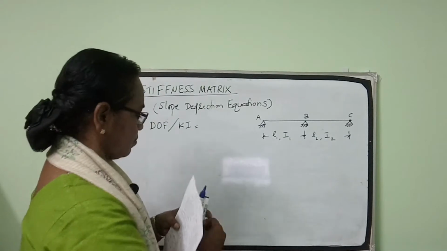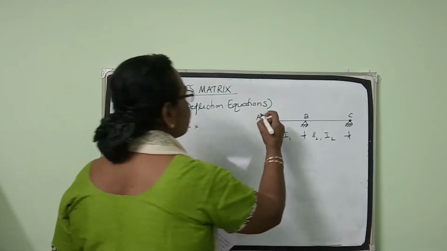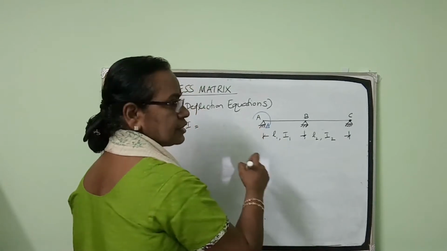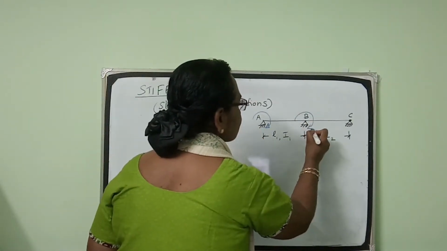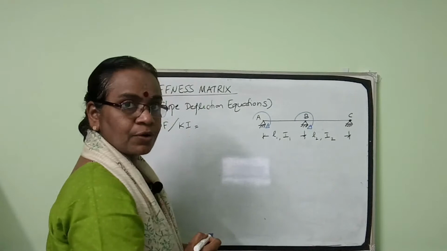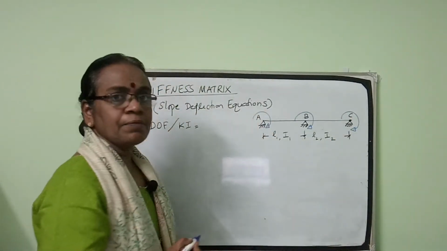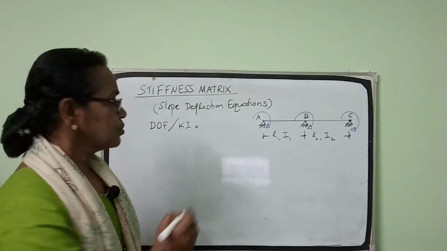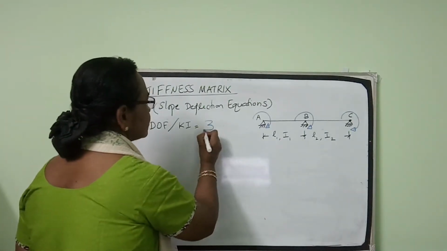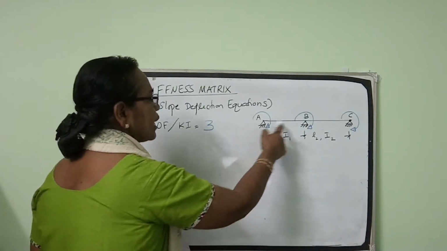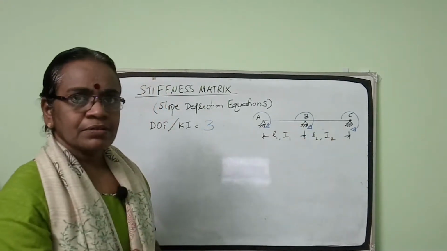In this, the unknown displacements are theta A, rotation at A, theta B, rotation at B, and theta C, the rotation at C. So the degree of freedom for this structure is 3. That is, the unknowns are rotation at A, B, and C.